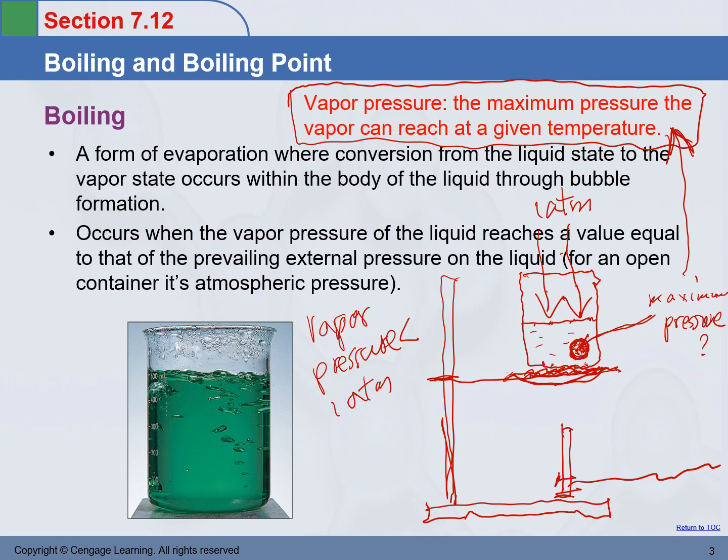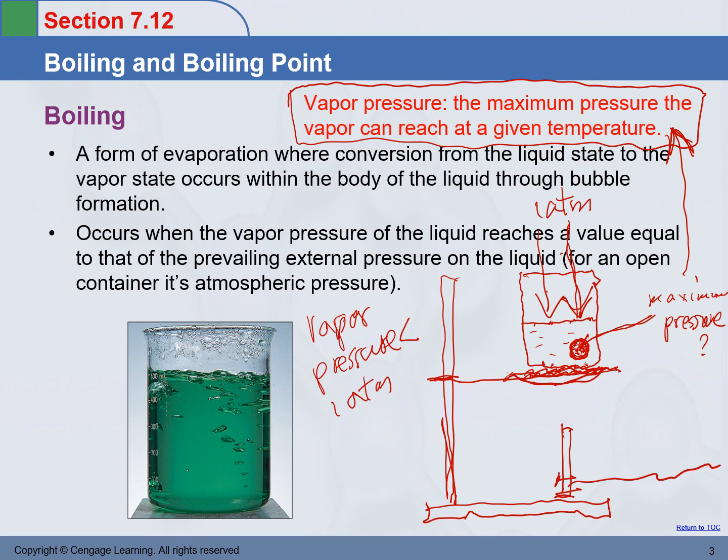Can a balloon just expand itself without being blown in a lot of gases so that it can resist the atmospheric pressure? So that bubble cannot form because the vapor pressure is lower than the external pressure. It will be squeezed right back.